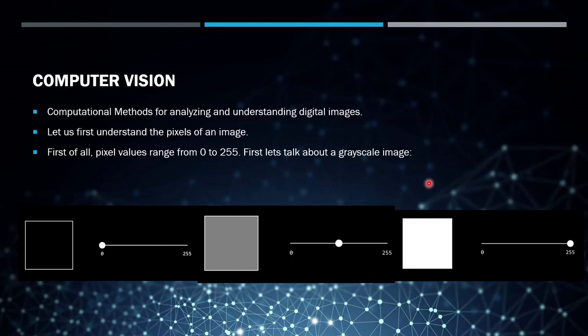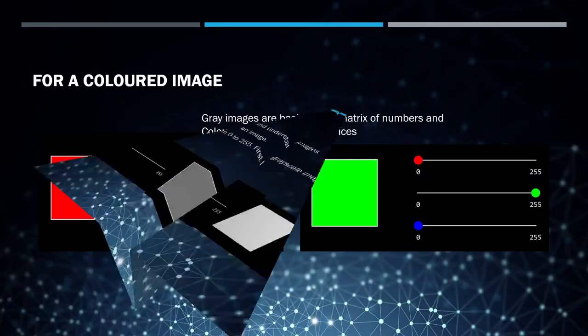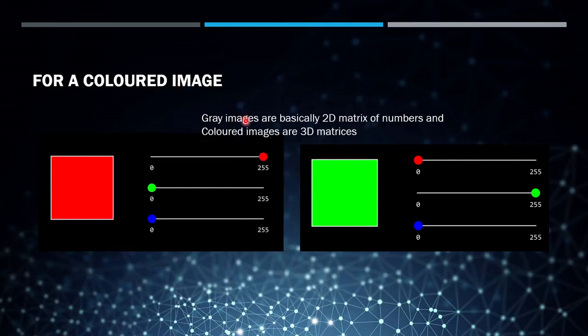So if we have a grayscale image, it is basically a 2D matrix in which each element of the matrix is an integer lying from 0 to 255, and if we have an RGB image, which has 3 color channels, in that case it will be a 3D matrix. For a colored image, let's say we have this pixel and we have 3 scales of 0 to 255. If one scale is completely 255 and the other 2 scales are 0, it means that we have a complete red image.